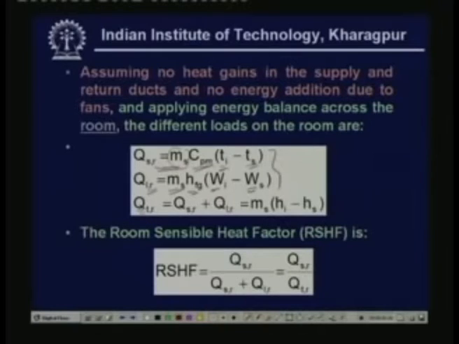Total heat transfer rate QTR is nothing but sensible heat transfer rate plus latent heat transfer rate. That is mass flow rate of the supply air multiplied by the enthalpy rise of the air as it flows through the conditioned space. Here Hi is the exit enthalpy of the air and Hs is the inlet enthalpy of the supply air. And the room sensible heat factor, as you have seen, RSHF is simply defined as the ratio of the sensible heat transfer to the total heat transfer, QSR divided by QTR.